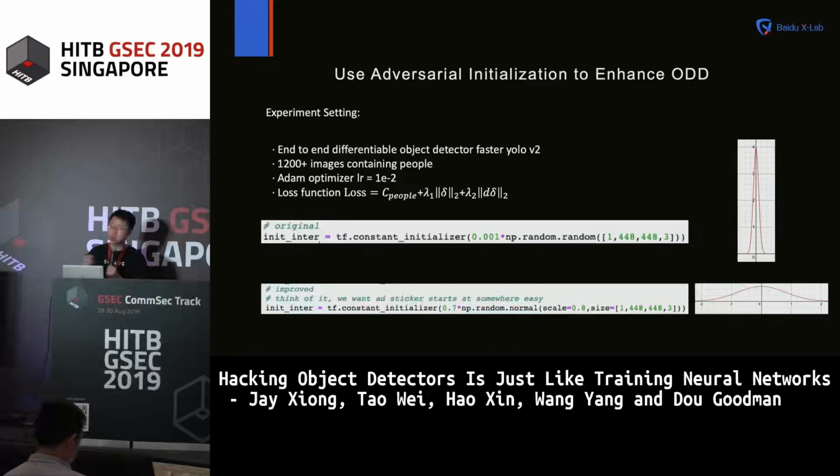So we initialize the picture. The original initial value has very small variance, versus the improved version, where the initialized picture has larger variance, which means it has more uncertainty at the starting point.